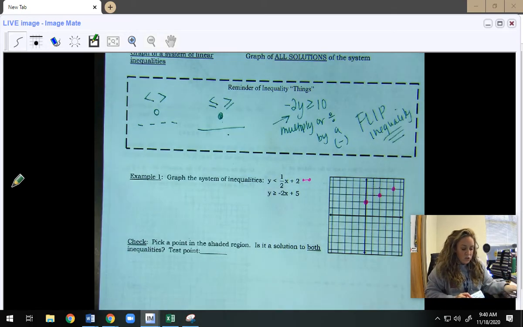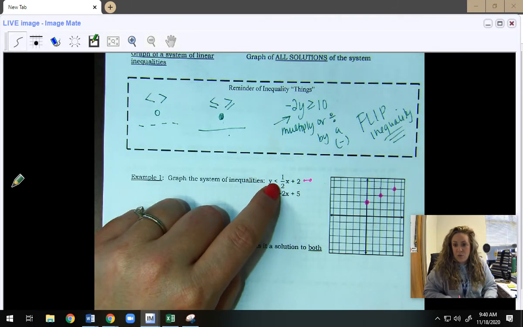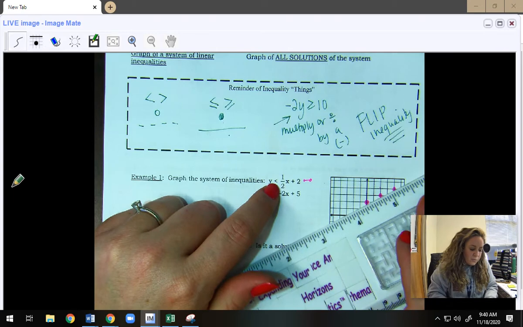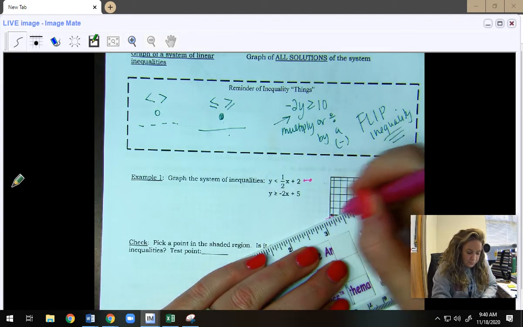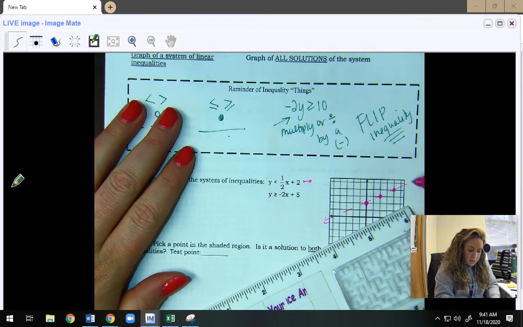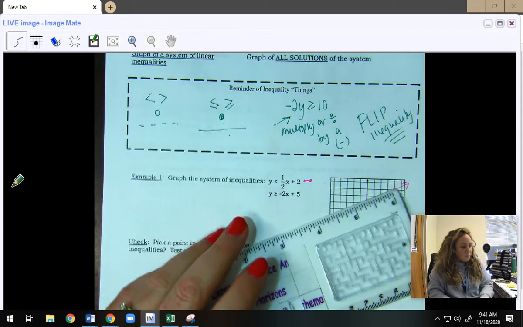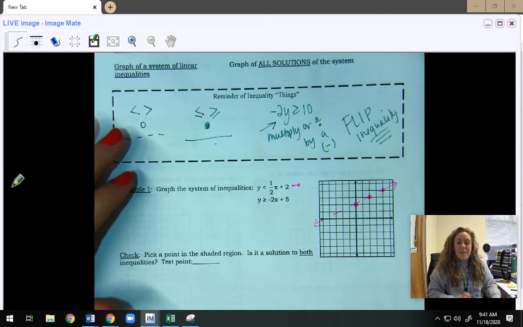The next thing I have to do is decide what type of line I have. I'm missing an equal to sign here, so I'm missing portions of my line. So this is a dashed line. Now, the third step is shading.